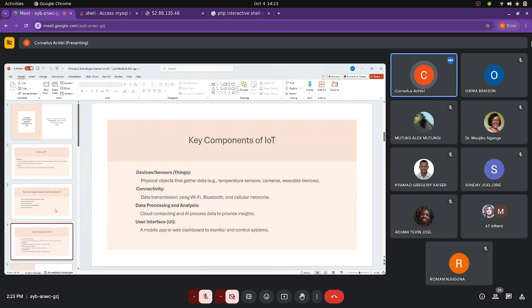And then once that is analyzed, you have an interface that is able now to give that information in a simpler way to a user who is not technically gifted. It can be either a mobile application, a web dashboard, or any other system that has been integrated to a management system in an organization or just in your local environment.